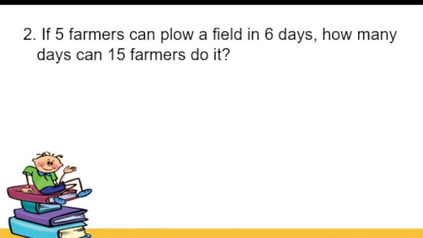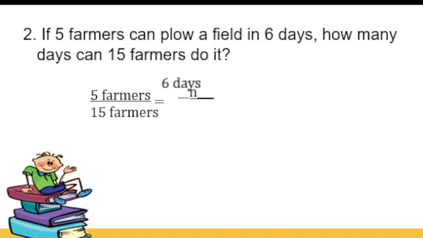If 5 farmers can plow a field in 6 days, how many days can 15 farmers do it? So 5 farmers for 6 days, 15 farmers for how many days? So you have 5 farmers over 15 farmers, that is the new number, equal to n over 6 days.